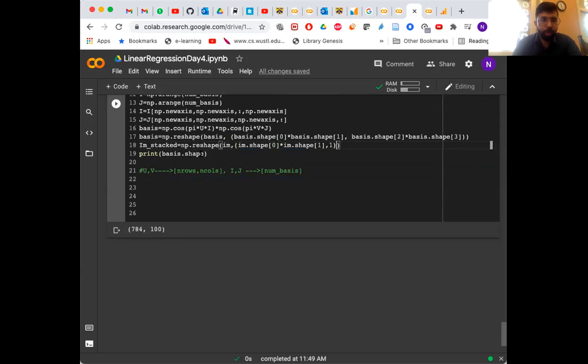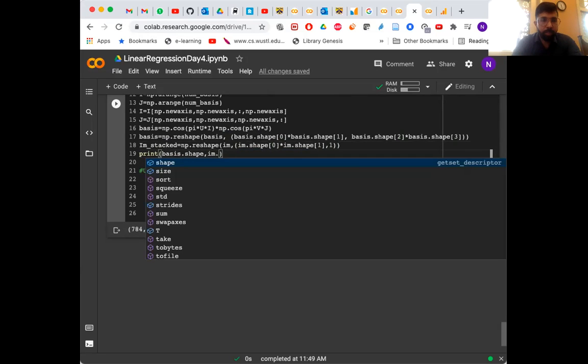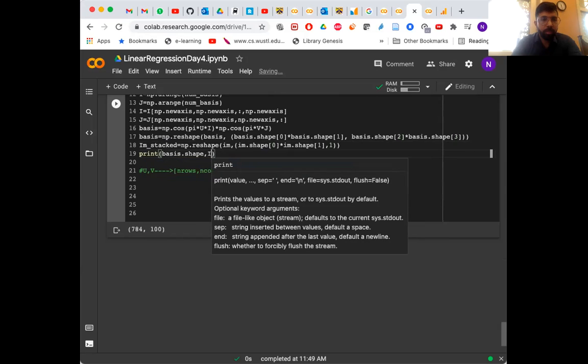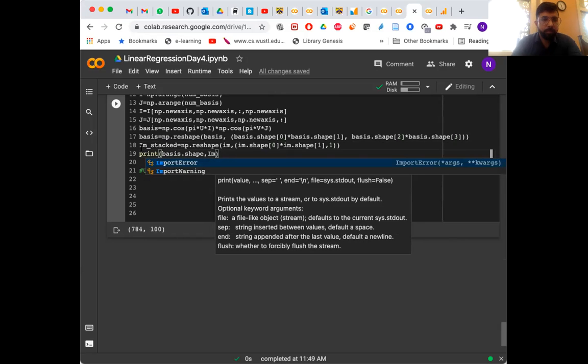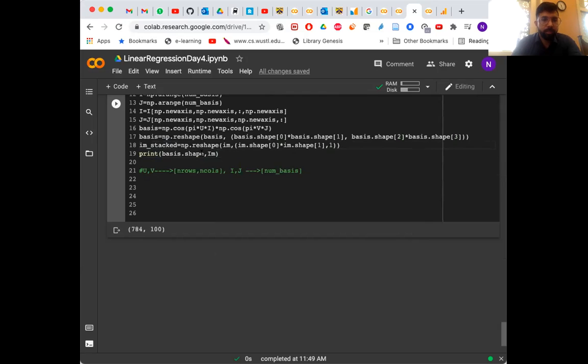So I've converted the image into a column vector as well.